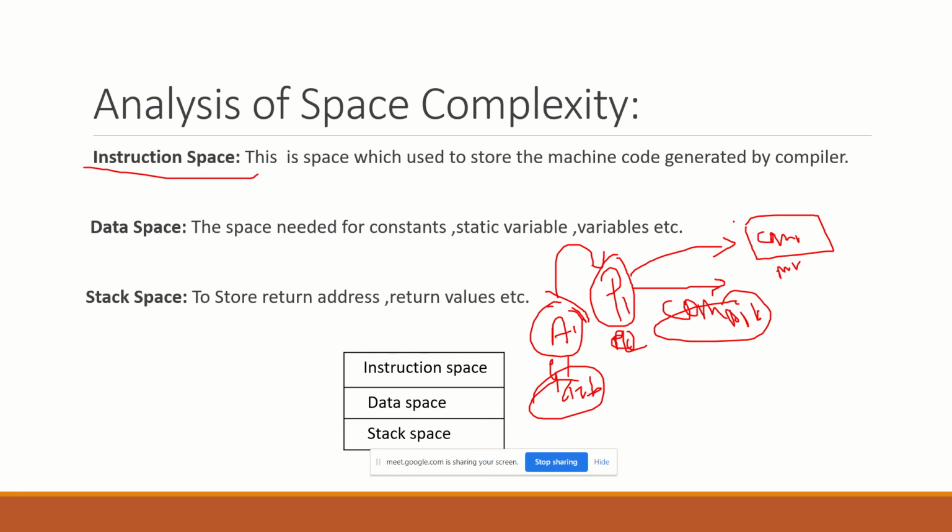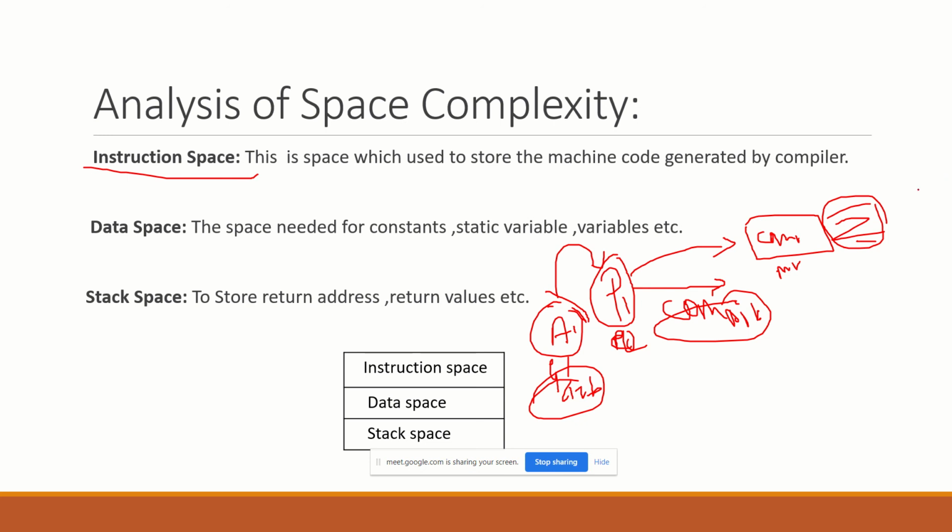Once the program is compiled, the code will be generated. When we compile a program, machine code gets generated. Who generates it? The compiler generates it. When I compile my program, the machine code will be generated by the compiler.